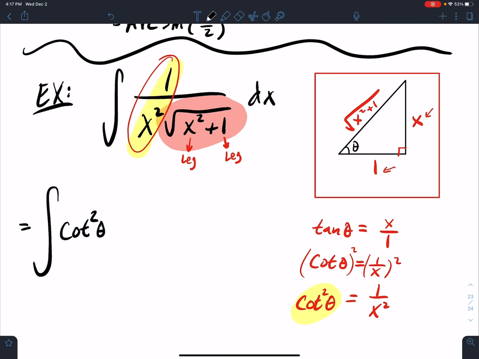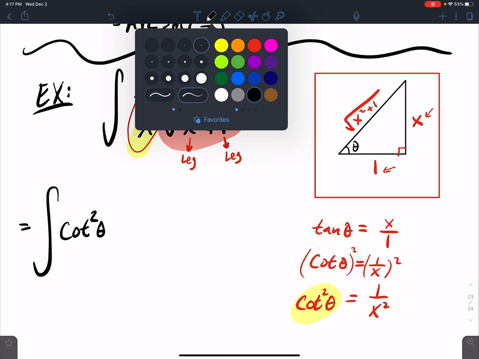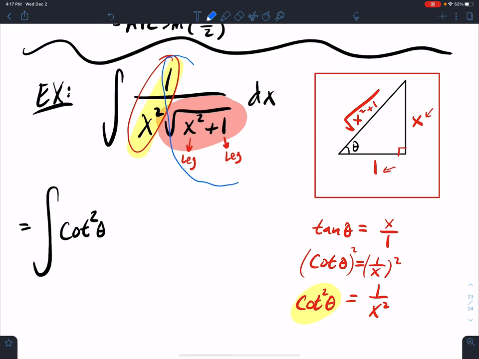All right. And then I need to get rid of this other part here, 1 over square root of x squared plus 1. Do you see anywhere I can do that? Yeah, I think so. 1 over square root of x squared plus 1, that's cosine theta. And then I have my dx. How do I get rid of my dx? It's always the same.